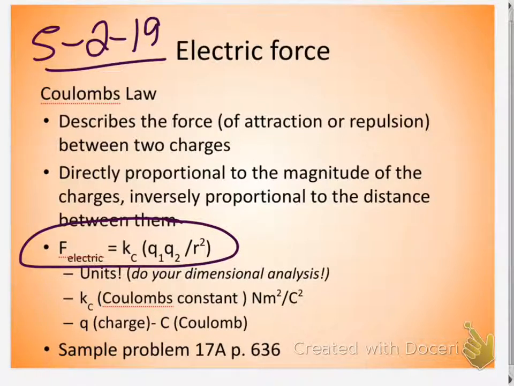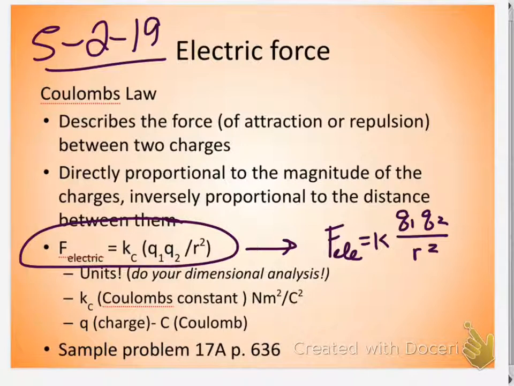The force that attracts or repels those two things equals a constant times, and the way it has to be written in slides makes it harder to understand: the electrical force equals K times Q1 Q2 over R squared, which looks an awful lot like the gravity equation. The magnitude of the charge of object 1, times the magnitude of the charge of object 2, divided by the square of the distance between them, R squared, times Coulomb's constant.